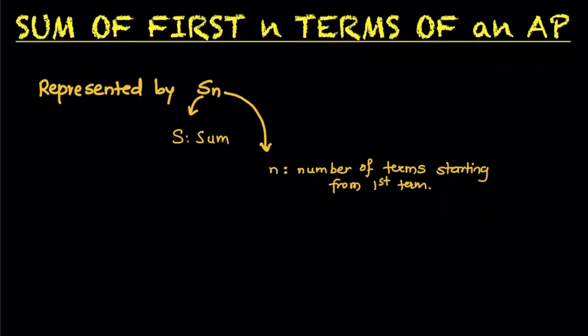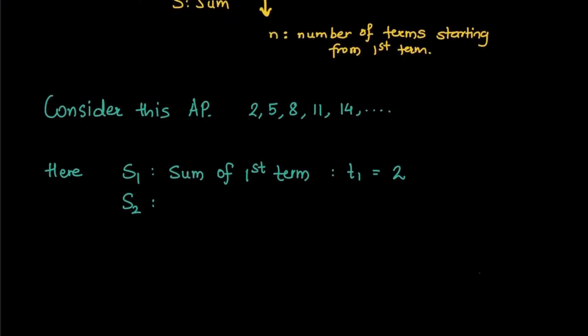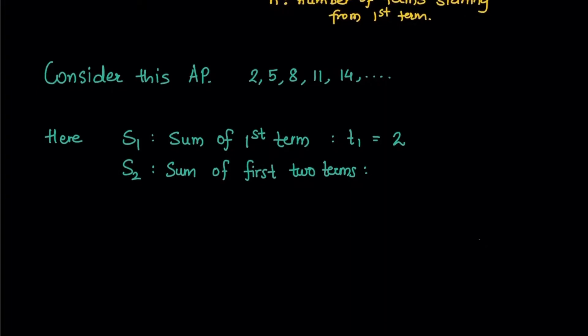Consider this AP: 2, 5, 8, 11, 14 and so on. Here a is 2, that is the first term is 2 and the common difference is 3. S1 is the sum of the first term, which is T1, which is 2. Then S2 will be the sum of the first two terms, 2 plus 5, which is 7.